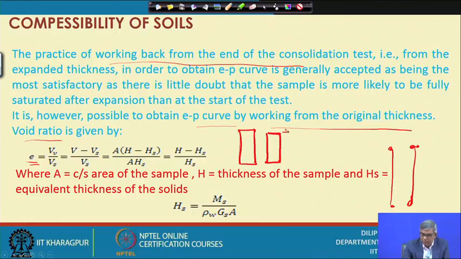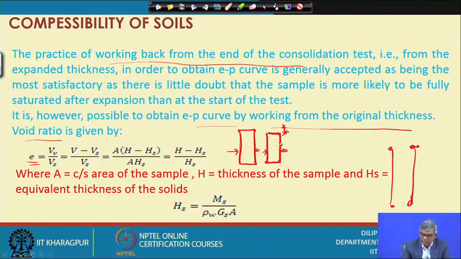So, this much compression took place, thickness changes, but this cross sectional area suppose kept constant. In that case, (V minus Vs) by Vs, that I can write A times H is the total volume, A times Hs is the solid volume, and A into H is again total volume already.